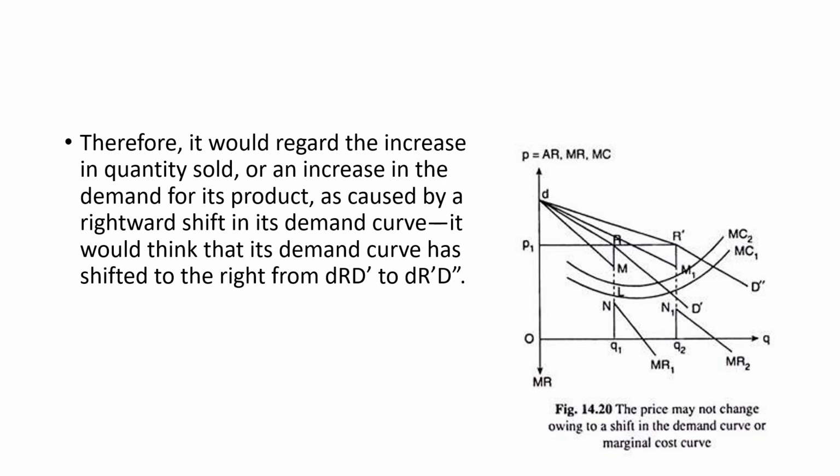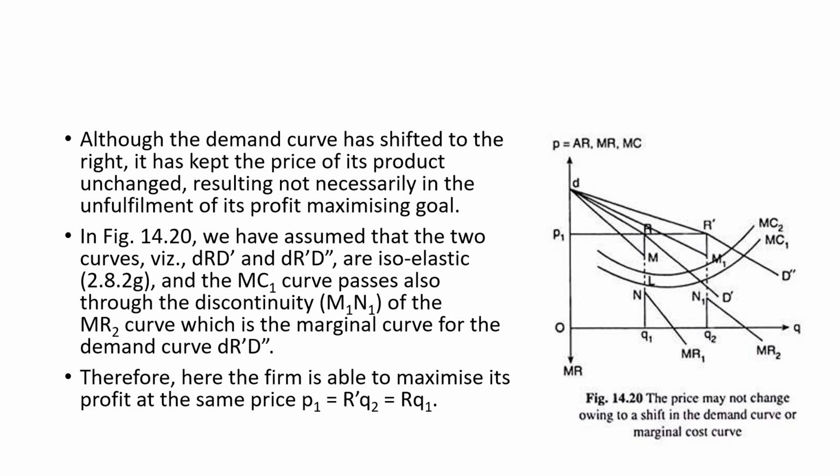That is, it would think that its demand curve has shifted to the right from DRD to DR-D double dash. Although the demand curve has shifted to the right, it has kept the price of its product unchanged, resulting not necessarily in the unfulfillment of the profit maximization goal.